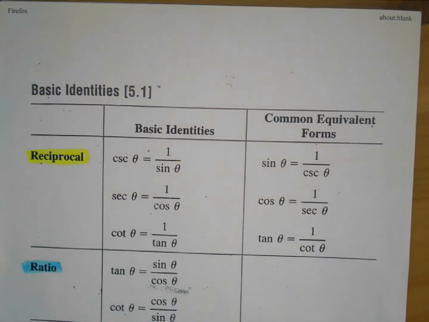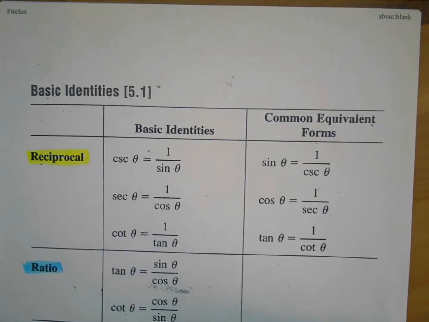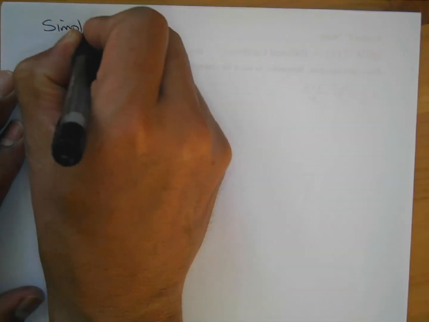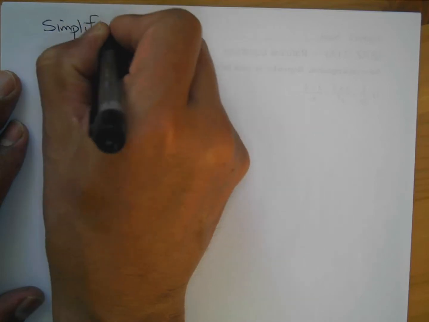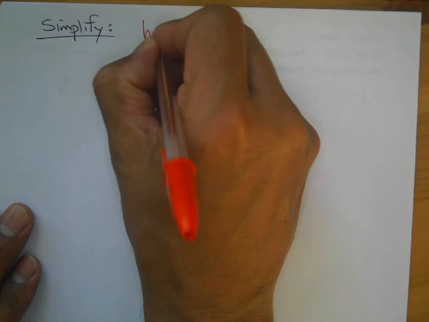All right, let's try some really simple ones with the identities. Okay, now for these, it's going to say simplify. Here's the hint, and I'm sure I will go over it in class. Simplify or evaluate. The hint is this.